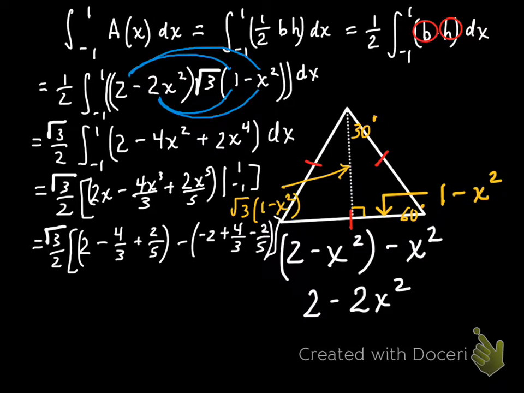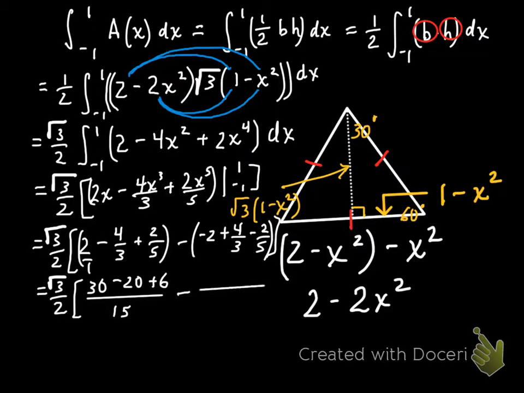Continuing to work here, you still have the constant out front, root 3 over 2. The common denominator here is 15. So we've written all 6 fractions with a common denominator of 15 and can get home from here, hopefully.